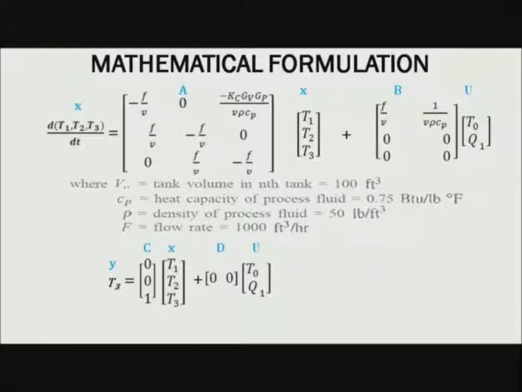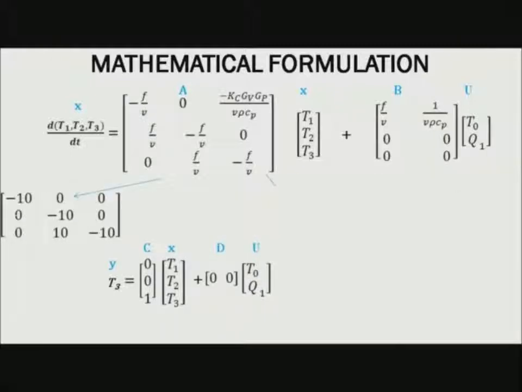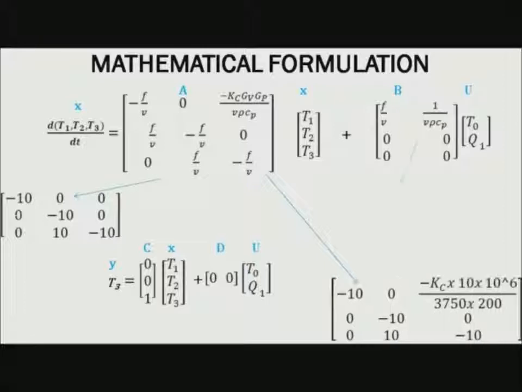For open loop states, A is equal to this, while for closed loop states, A is equal to this. B for open loop states is equal to this, and for closed loop states it is equal to this.